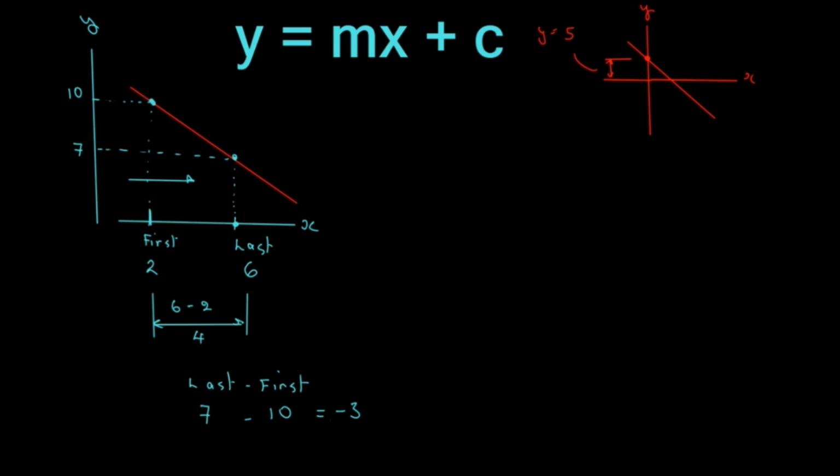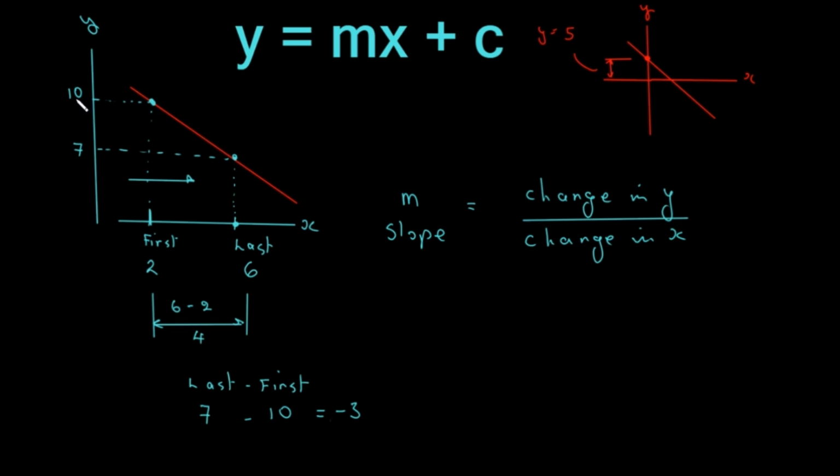Think about that. Negative numbers quite often confuse people, right? So for the slope, or m, the slope is equal to the change in y, it's always y on top, over the change in x. Change in y is negative 3.